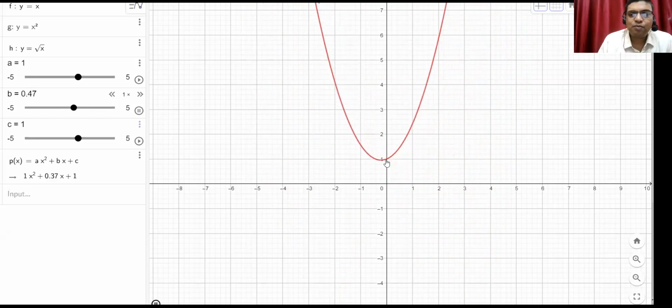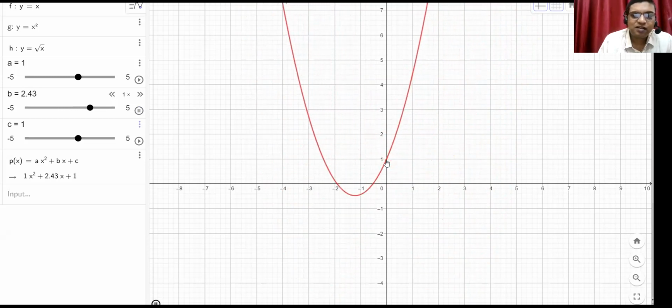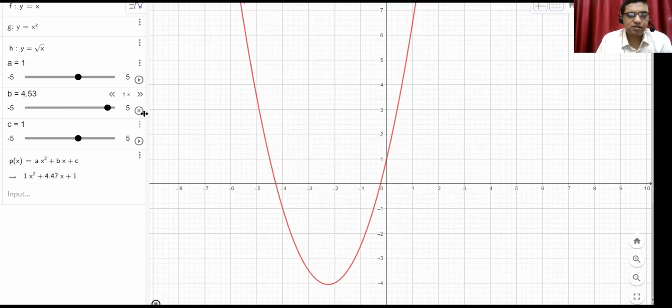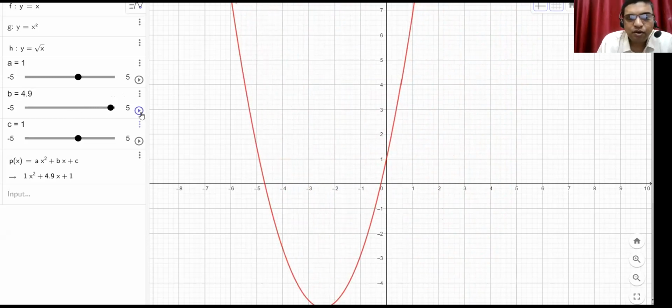You have studied roots of quadratic equations, right? There are two real roots or no roots. Two roots means when the graph cuts the x-axis, the points where it cuts are the roots of the equation. That means if you substitute those points in the equation, you will get the quadratic as 0.